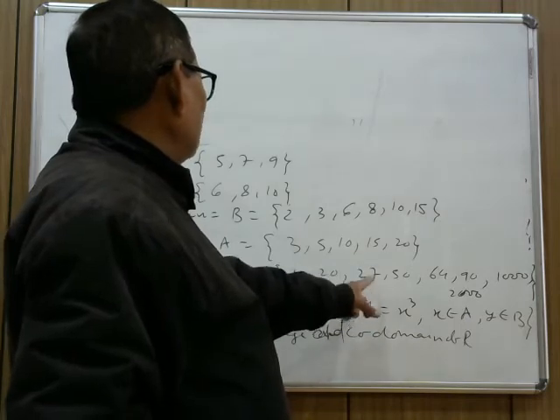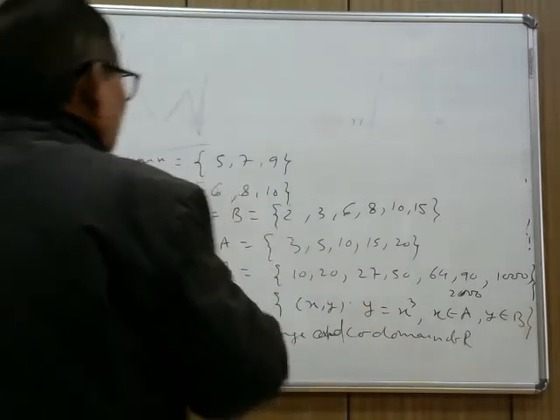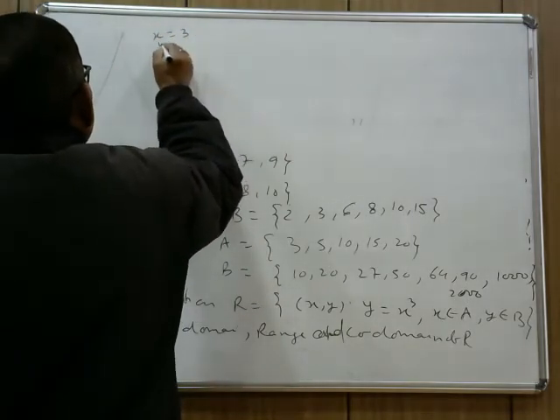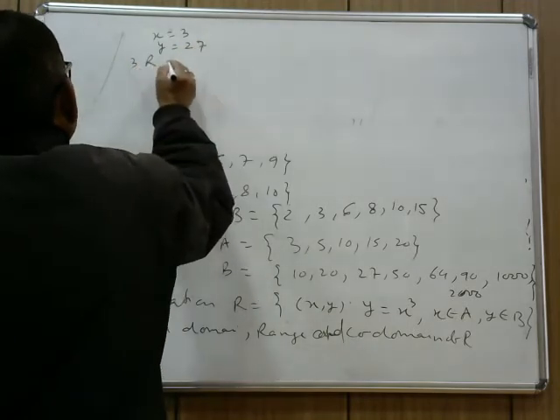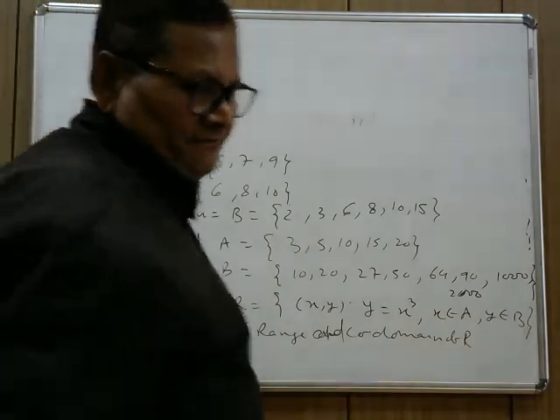This is the relation we have to search out. 27, now the first element is 27. That is the cube of 3. If I take x equal to 3, then y is 27, and we can write 3 related to 27.